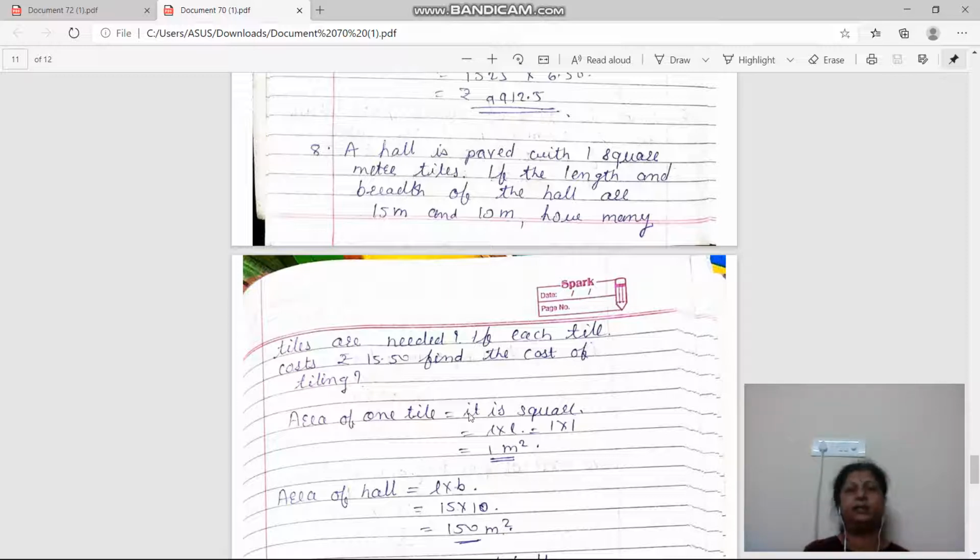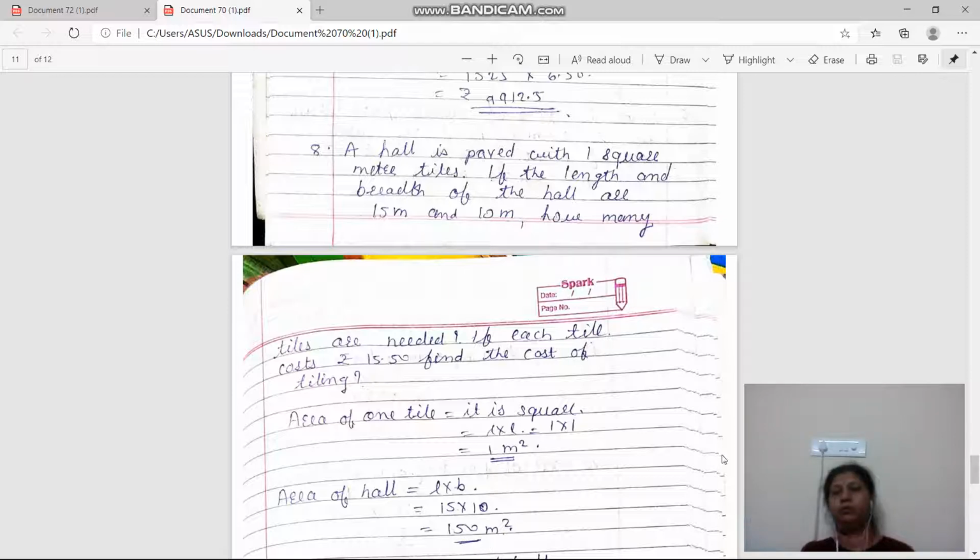The tile is in square form, so it is equal to 1 into 1, that is 1 meter square. Now area of hall is equal to length into breadth, so 15 multiplied by 10, 150.